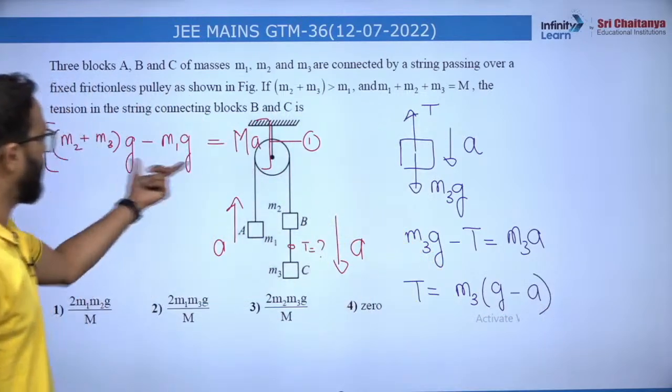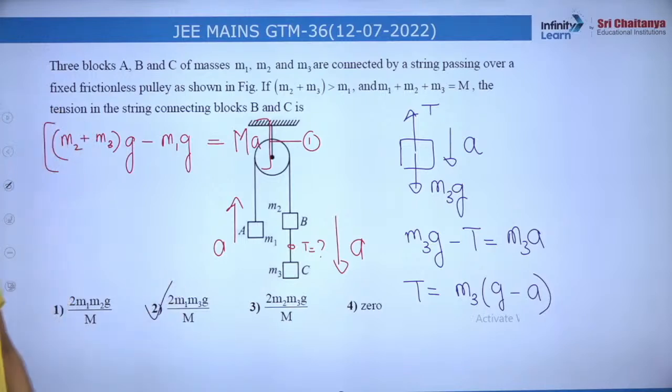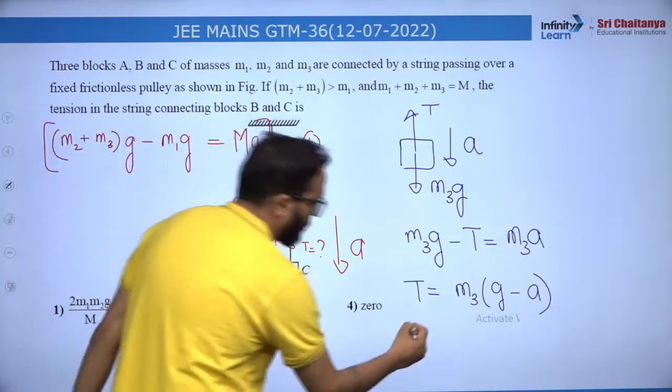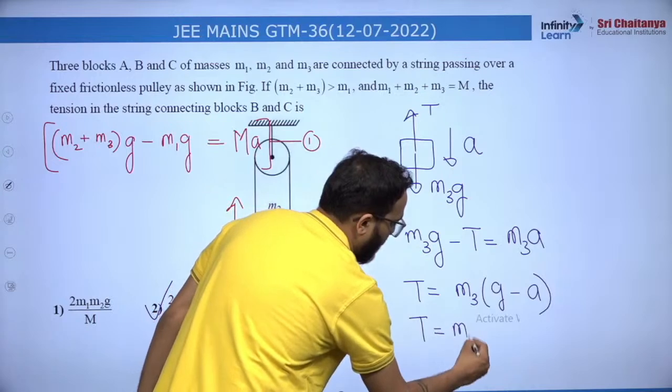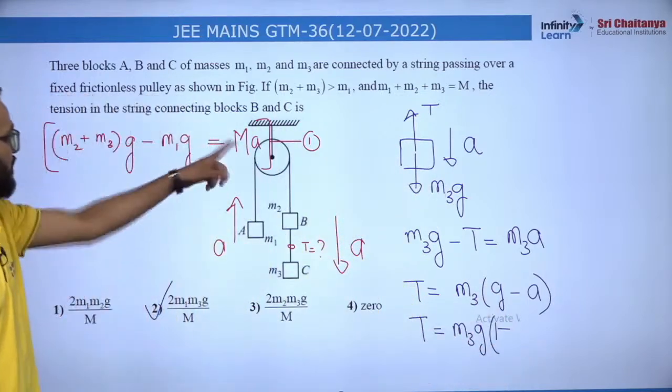Now you know the value of A, put it from here and you will get this answer, 2 M1 M3G by capital M. Did you understand? Now you can solve it and you will get this answer. Clear? Take out M3G, it will be 1 minus A by G. What is A by G?